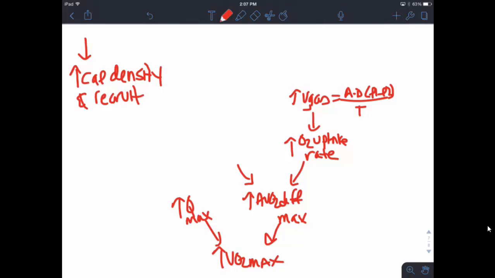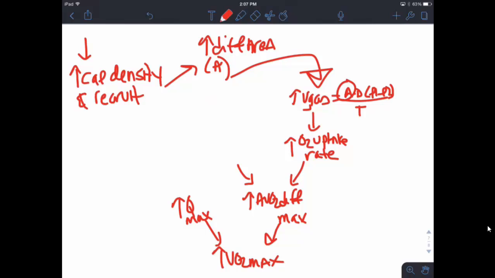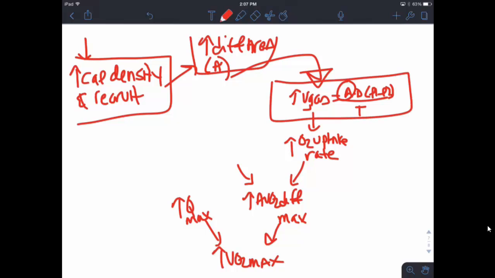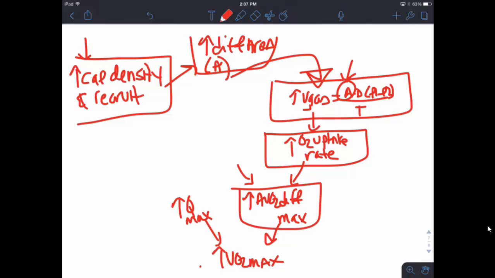If we have more capillaries and we recruit more capillaries, we have more diffusion area, which is A. So greater capillary density and recruitment is one of the 11 factors that come off the top. This gives us more area, which causes the gases to diffuse faster through A, which means you're going to take up more, higher AVO2 difference, higher VO2max.